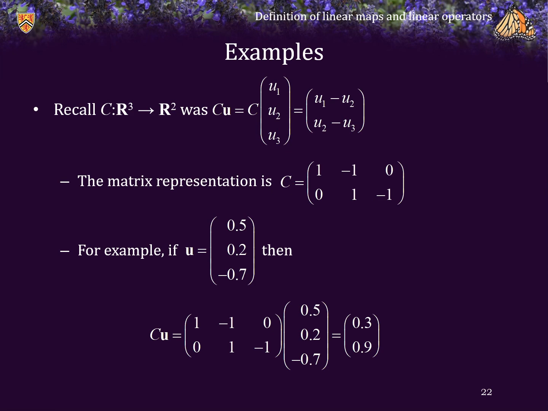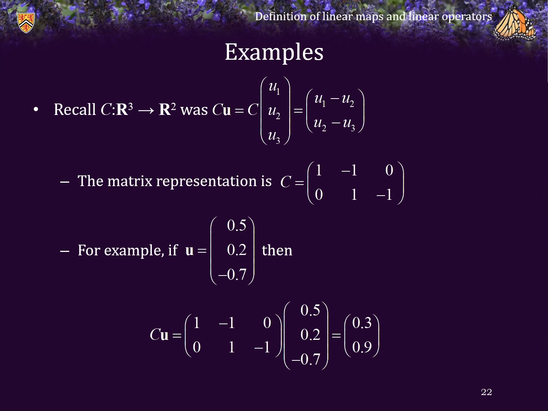So again, whether we calculate this as 0.5 times the vector (1, 0) plus 0.2 times the vector (negative 1, 1) minus 0.7 times the vector (0, negative 1), or if we calculate each of the entries of the image separately: 1 times 0.5 minus 1 times 0.2 plus 0 times negative 0.7, yielding the value 0.3.